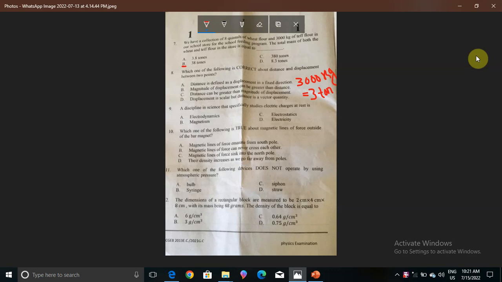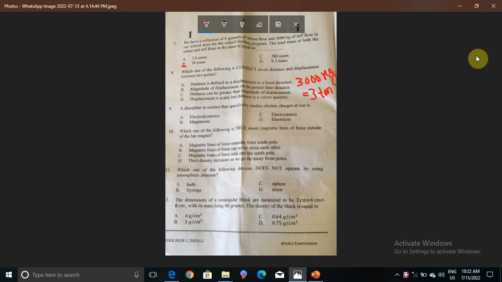Okay, first of all, the first one, which says distance is defined as a displacement in a fixed direction, it's not correct. And in B we have magnitude of displacement can be greater than distance. No, the magnitude of distance is greater than displacement.